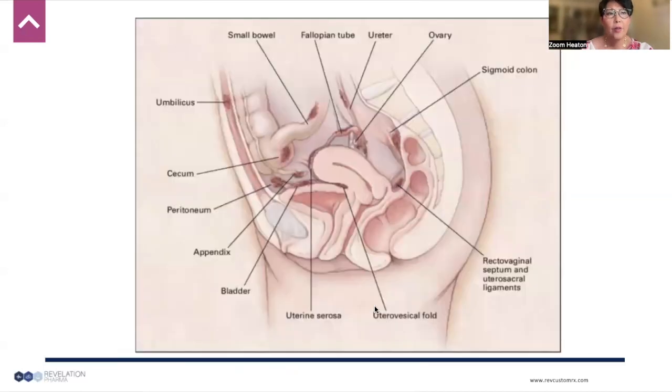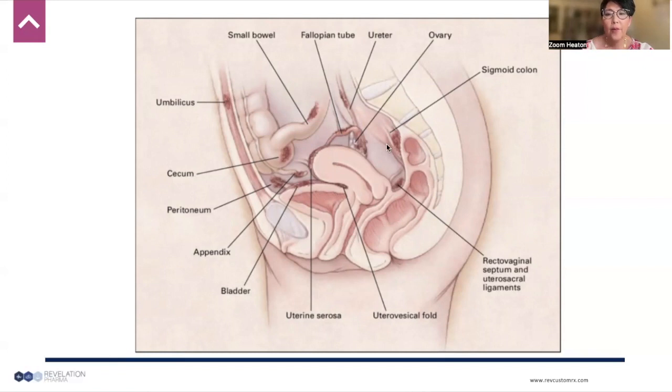And here are some common sites of endometriosis. The ovary is the most common site, in 30 to 40% of all cases. But as you can see here, it can affect the peritoneum, the appendix, the bladder, the rectovaginal septum, and the colon.